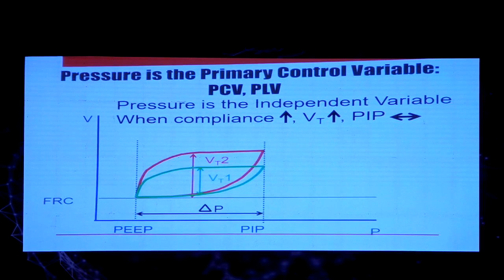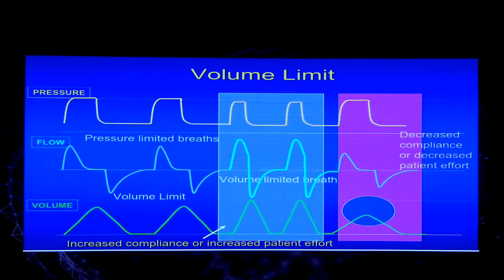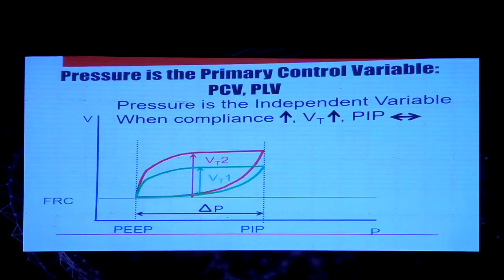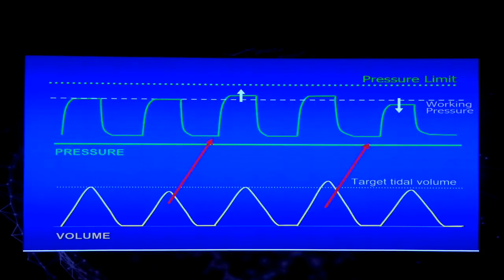Whereas in pressure control ventilation, when the compliance improves, the pressure stays the same, but the volume increases, and that can cause not only volumetrauma, but also hypocapnia and the sequelae of hypocapnia. Again, here you can see the volume is less than the limit, so the pressure goes up, and then here the volume is low, the pressure has to go up to compensate for the decrease in volume. Same as here.